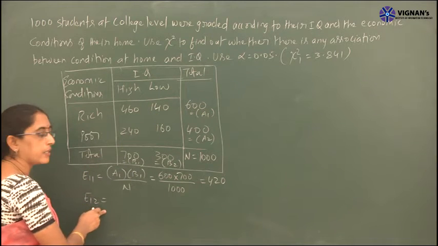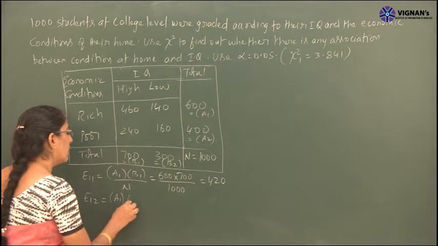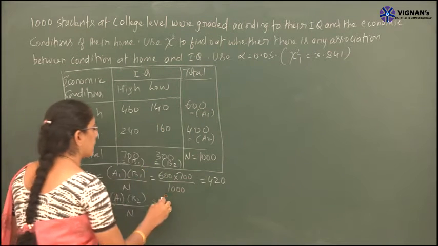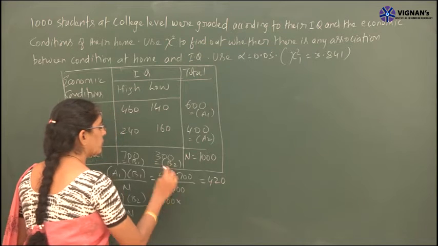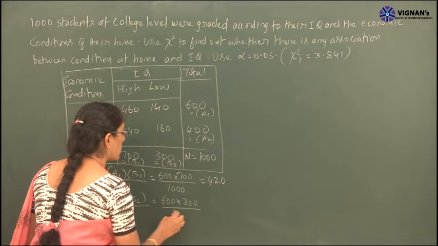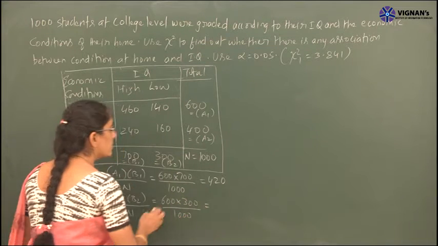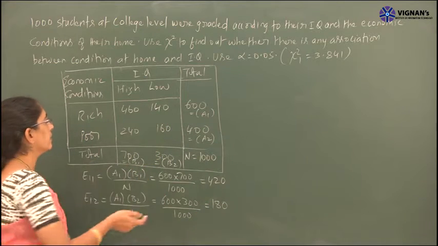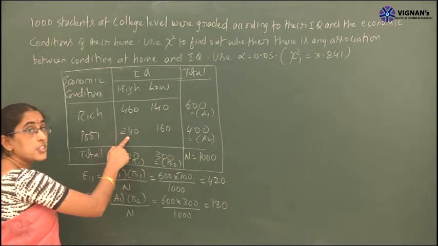Ai into Bj, that means A1 into B2 by capital N: 600 into 300 by 1000, which is 180. Then next is 21.